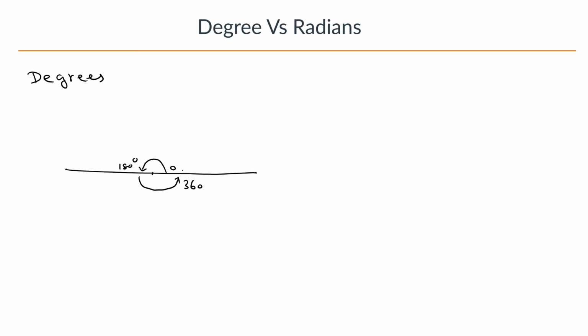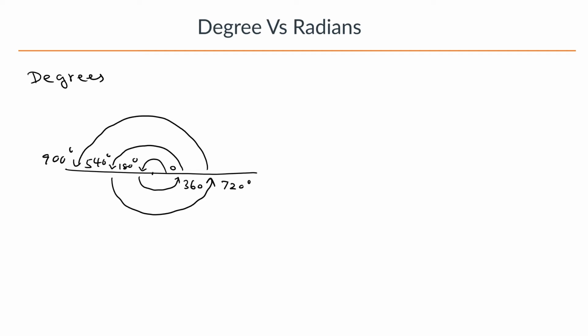If you add one more 180, you get 540. If you complete the cycle, you get 720. And if you add another half a circle, you get 900 degrees. These will be useful when you want to find the reference angle.